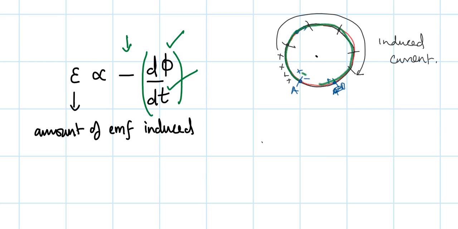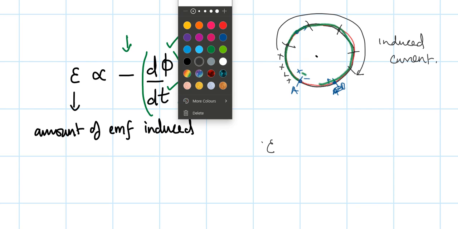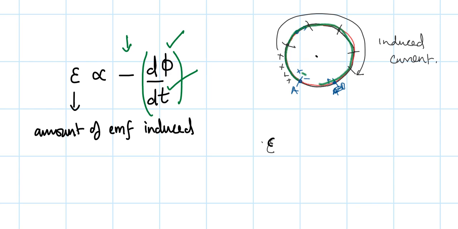All right. To get rid of the proportionality sign, we introduce a proportionality constant, say k. Don't forget to put the negative sign, it's very important. So epsilon equals minus k dφ/dt.